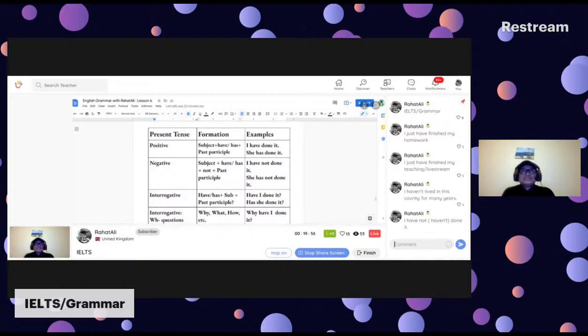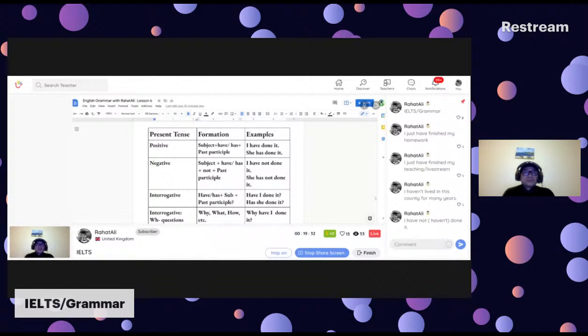But because we don't understand connected speech as non-natives, sometimes our sounds are not correct, and sometimes our sentence may not be presented accurately because of connected speech. And in order to understand connected speech, we need to understand basic pronunciation techniques or phonetics techniques.